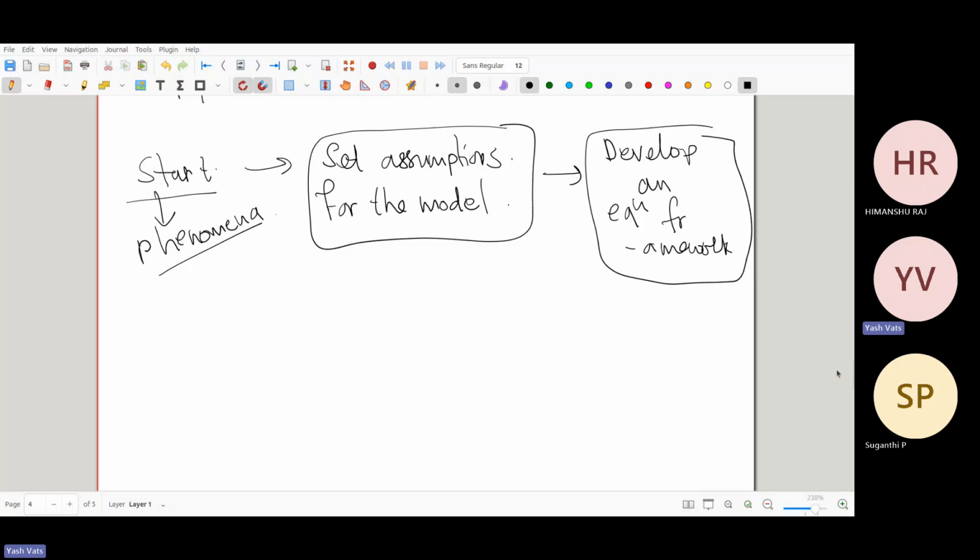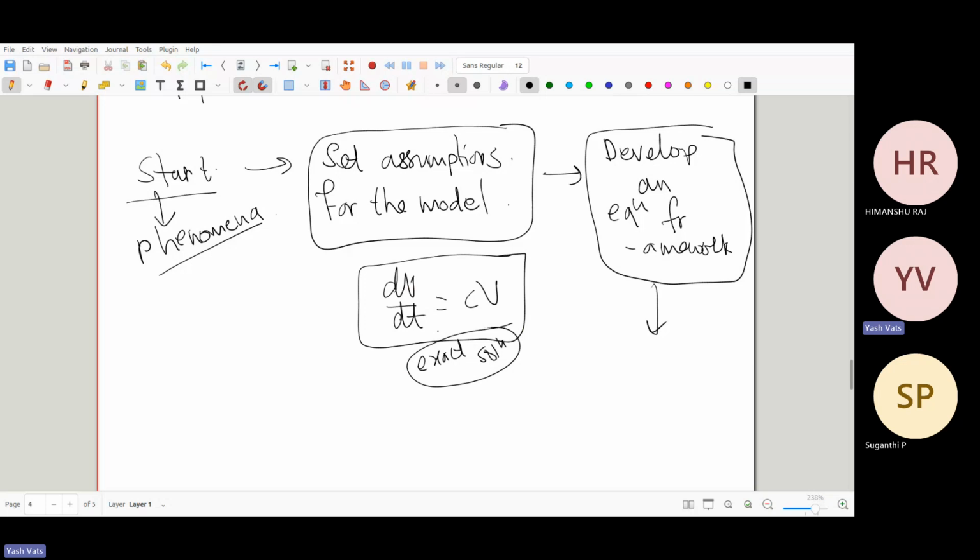So when we have developed an equation framework, it means a set of coupled ordinary differential equations, or just a single differential equation with some initial conditions. Then you need to simulate. If you have a simple equation, you can easily find the exact solution.